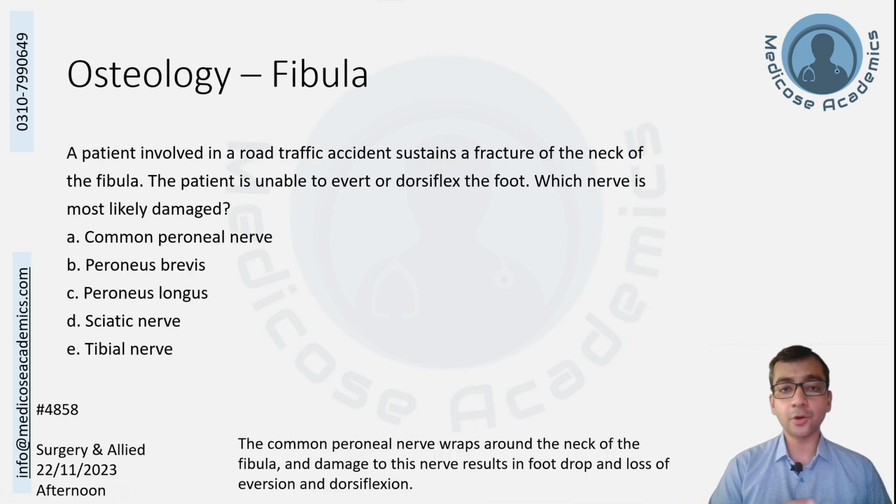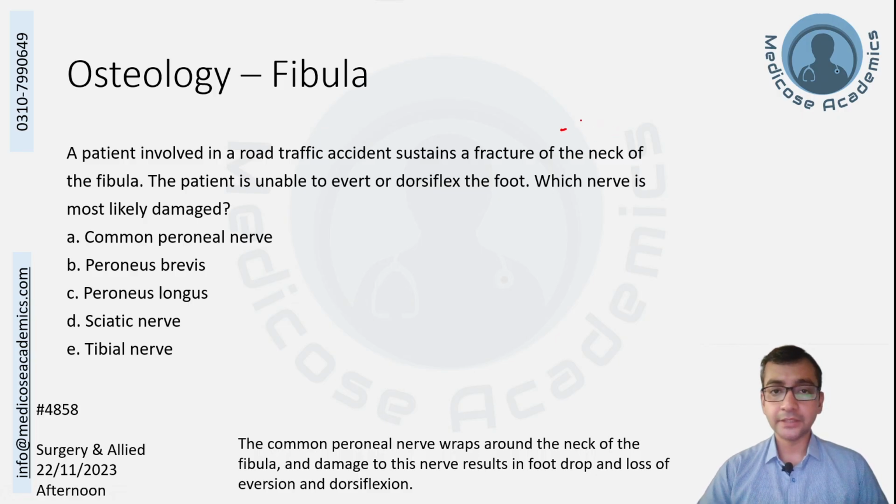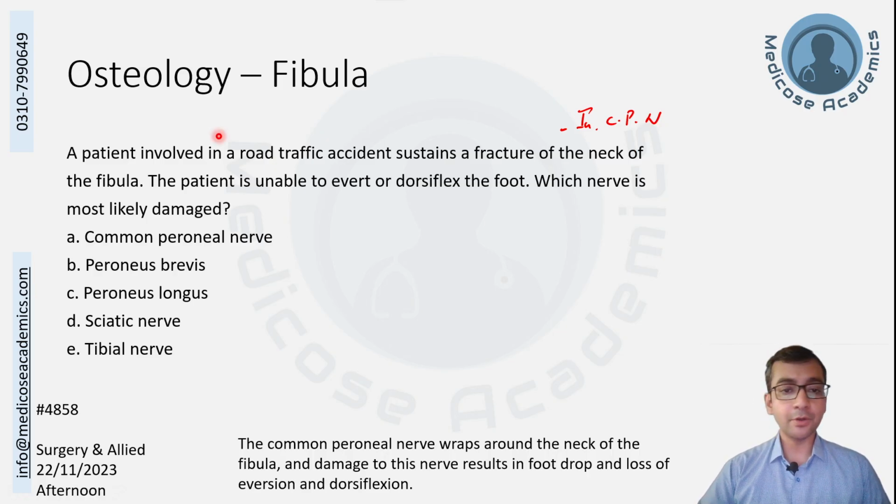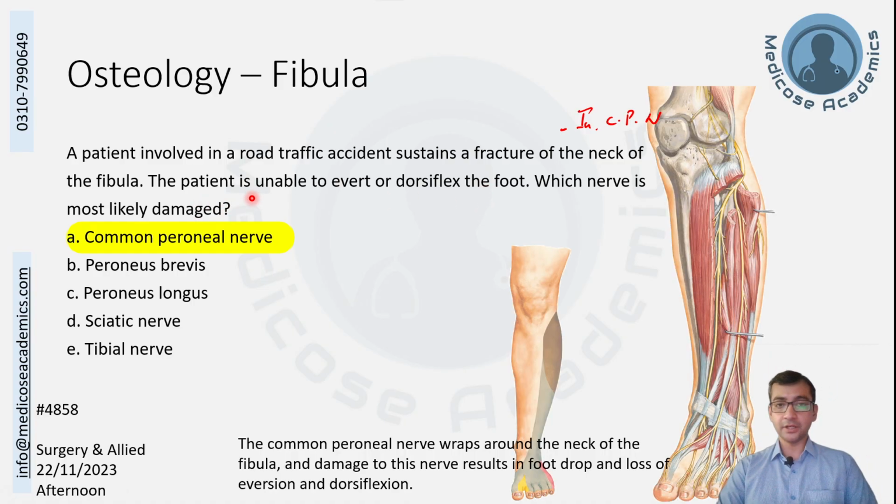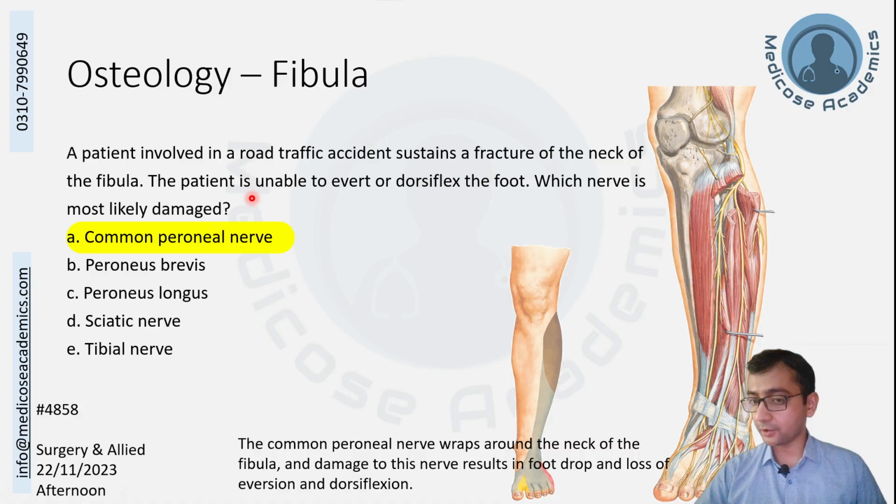A patient involved in a road traffic accident sustains a fracture of the neck of the fibula. Again, that is the injury of the common peroneal nerve. The patient is unable to evert and dorsiflex the foot. Now, this is an additional hint that has been given to you. Which nerve is most likely damaged? The common peroneal nerve is damaged, and in addition to that, you are given the clues of the movement.